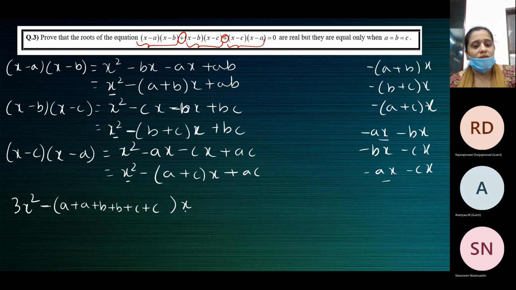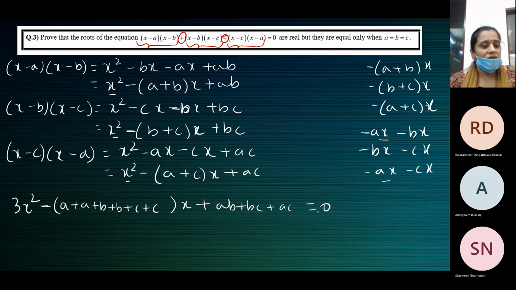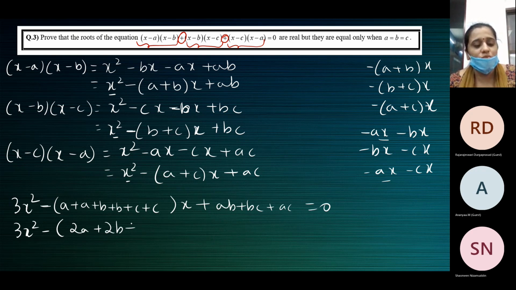Yes or no? Then plus ab plus bc plus ac plus ab plus bc plus ac, correct, is equal to 0. This is the equation. So the equation is 3x squared minus (2a plus 2b plus 2c) of x plus ab plus bc plus ca or ac is equal to 0.